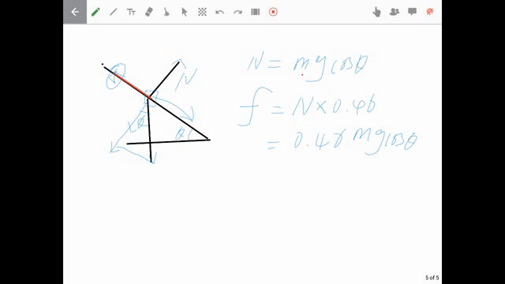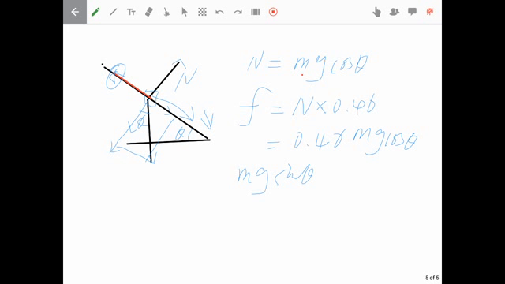So what's the force caused by gravitation in this direction? This force is mg sin theta. Make them equal, because friction must overcome this force to keep balance.